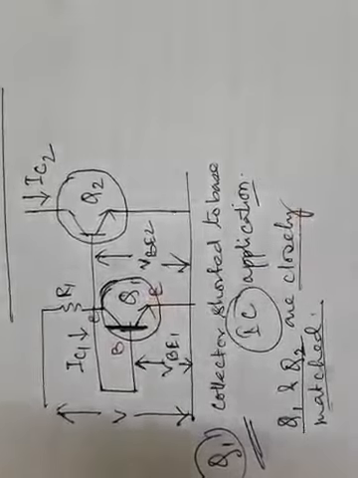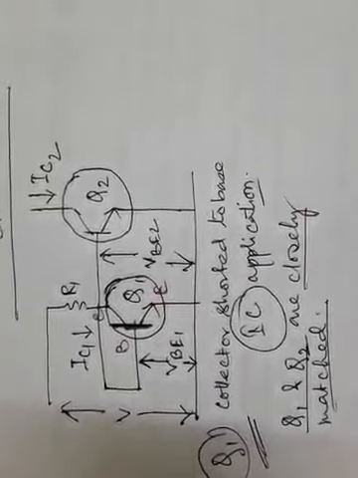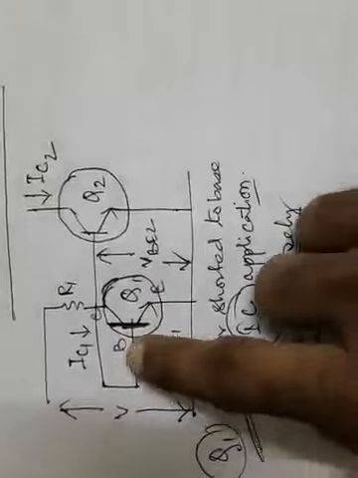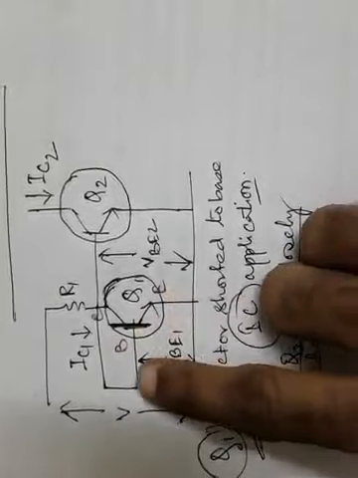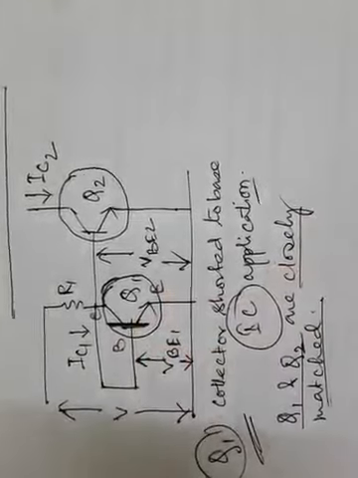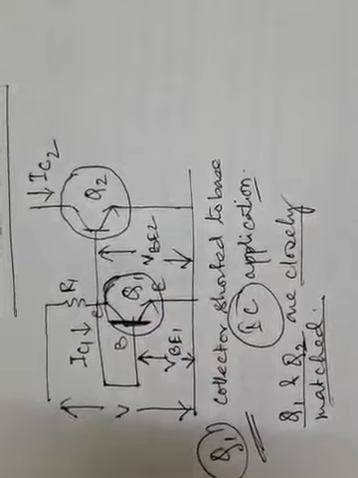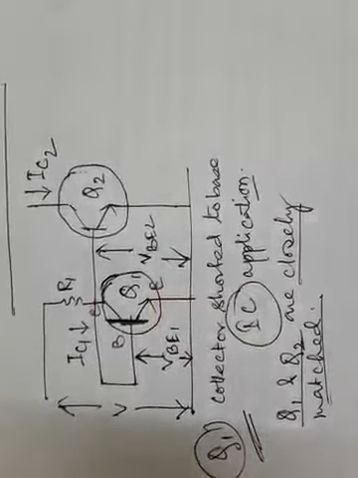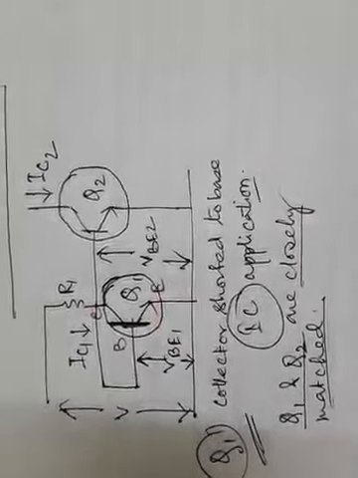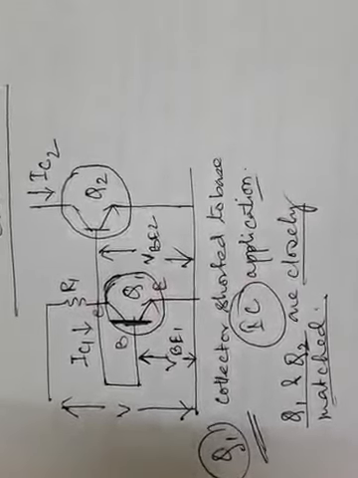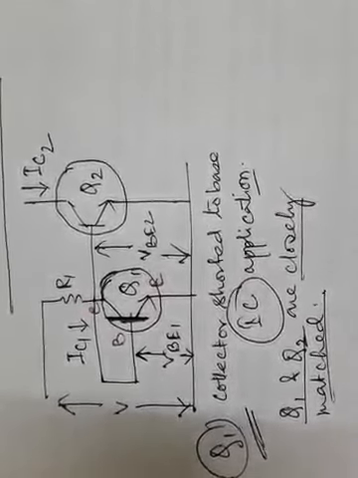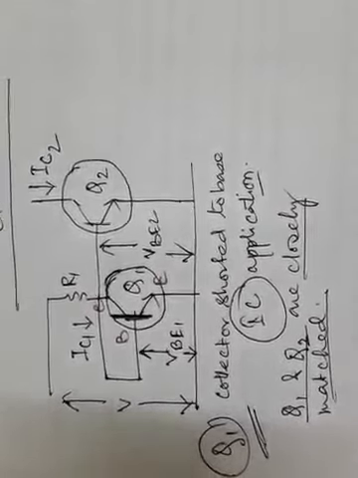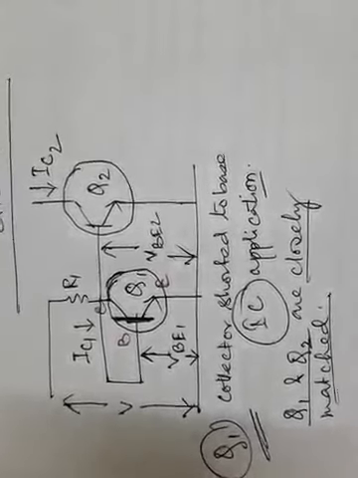So this Q1 now will behave like a diode whose one junction is present between base and emitter, and there a base emitter forward biasing voltage is applied. So this transistor, due to that voltage, may conduct current. Since it is behaving as a diode, it has an anode and a cathode.